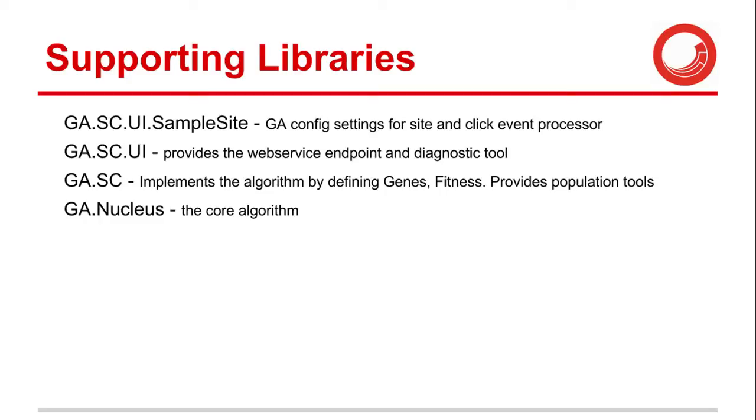The GA.SE UI sample site represents your site, and it would be where you would create the GA config settings and then build a click event processor. In my case, I'm using jQuery, just to make a quick post to a web service.